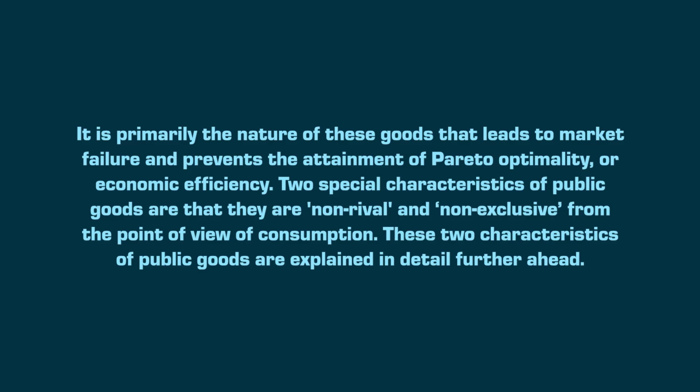It is primarily the nature of these goods that leads to market failure and prevents the attainment of Pareto optimality or economic efficiency. Now, two special characteristics of public goods are that they are non-rival and non-exclusive from the point of view of consumption. These two characteristics of public goods are explained in detail further ahead.